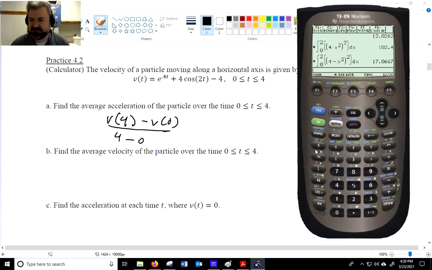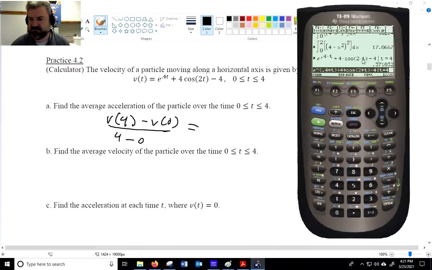So I'm going to say e to the 0.4 times t plus 4 times cosine of 2 times t minus 4 such that t equals 4. So that's how I'm evaluating v of 4. So that is 0.37.